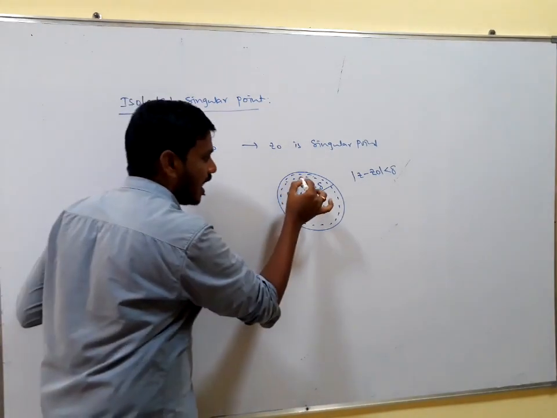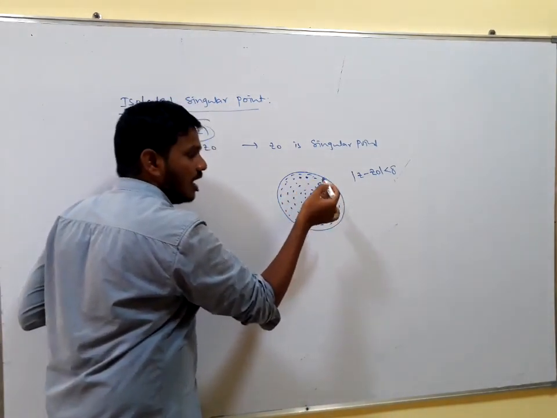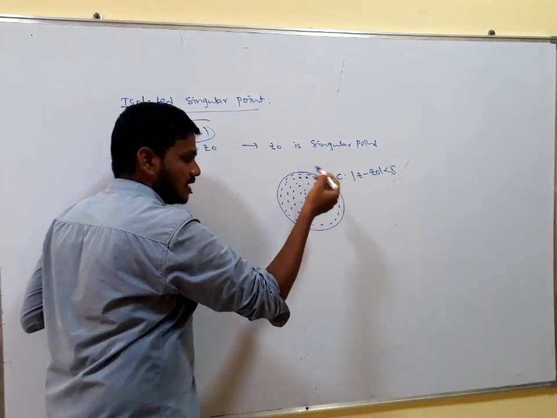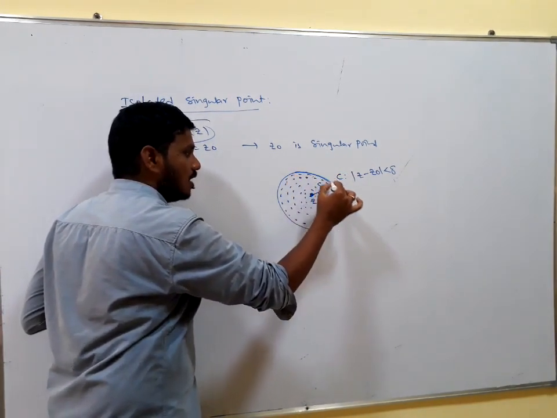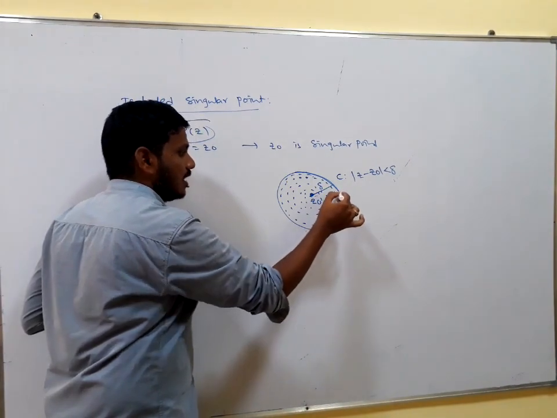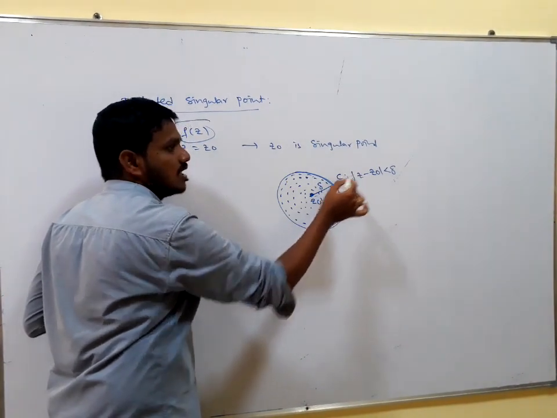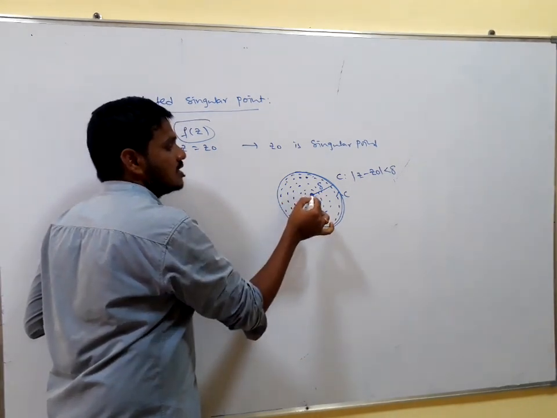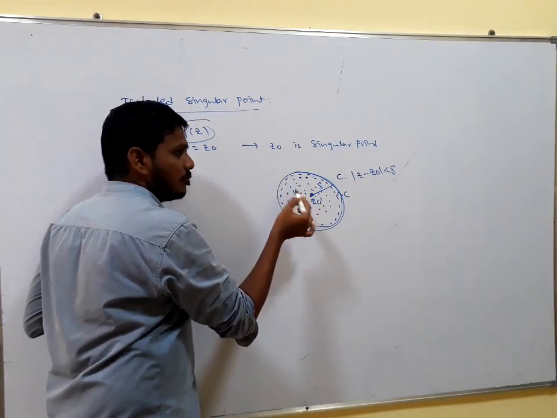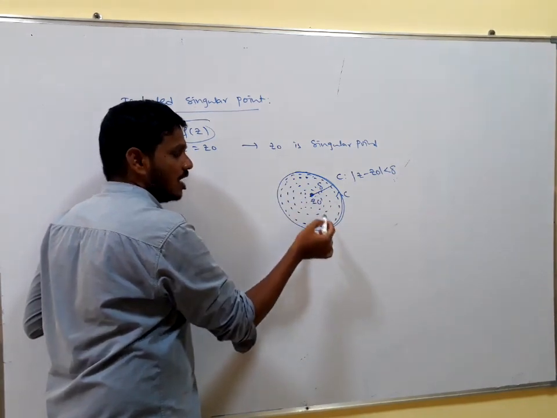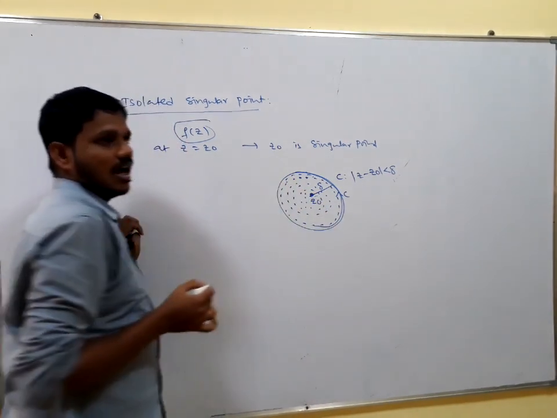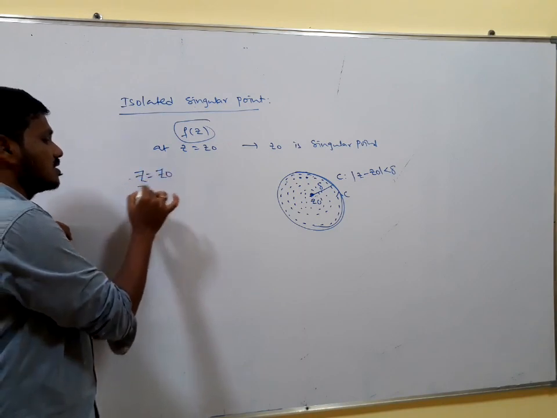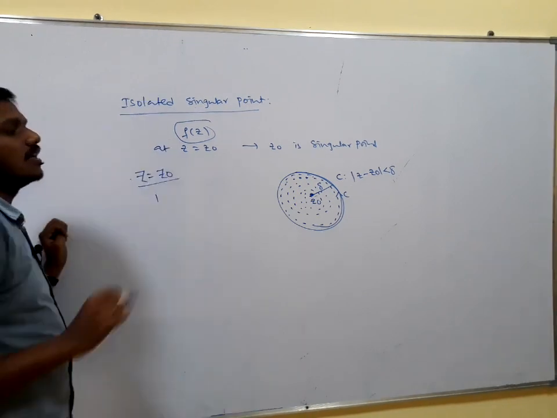The function is analytic everywhere inside and on the closed contour C, where C is the modulus of z minus z naught equal to r, the delta neighborhood of z naught, at each and every point except z naught. So the point z equals z naught is called an isolated singular point.